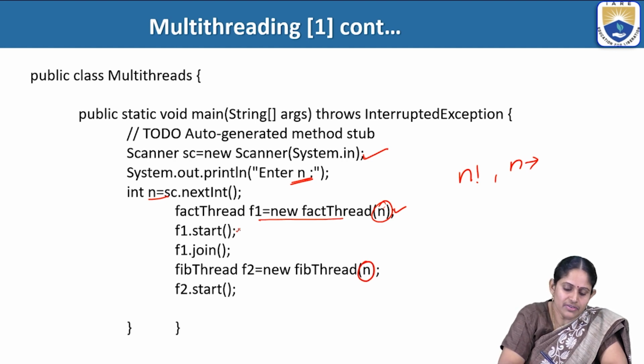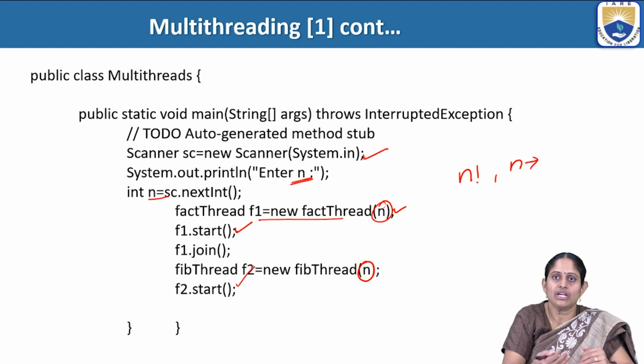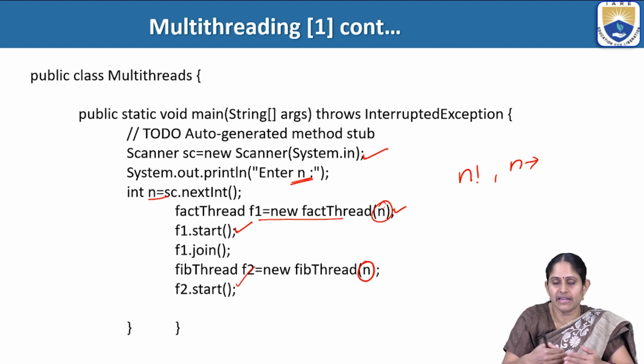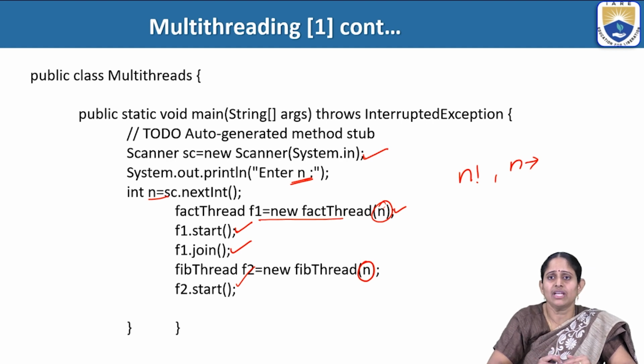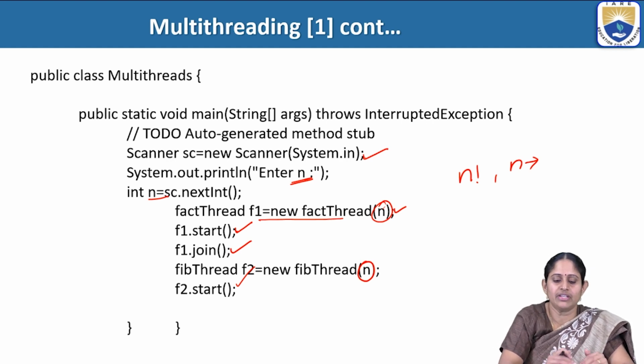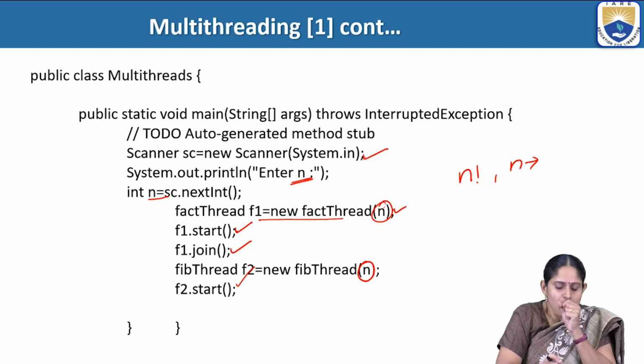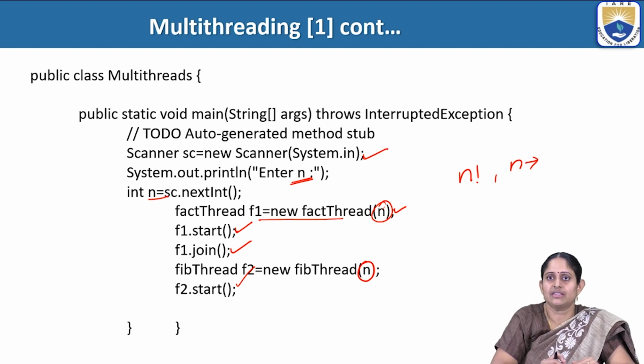Since they both are started, we will get an interleaved output, so the output will not be proper. So I have used the join method so that the Fibonacci thread will start executing only after the factorial thread completes the execution.